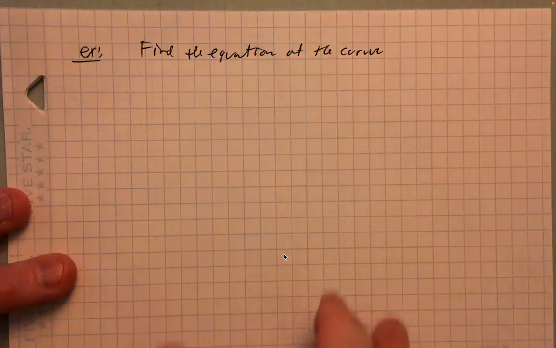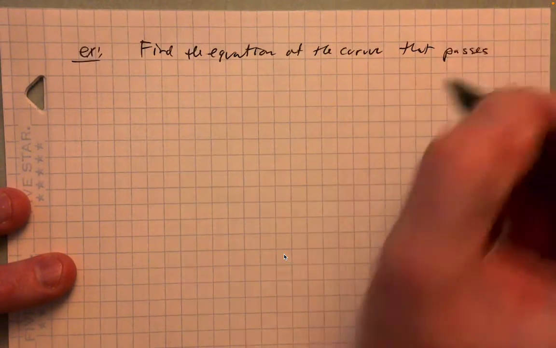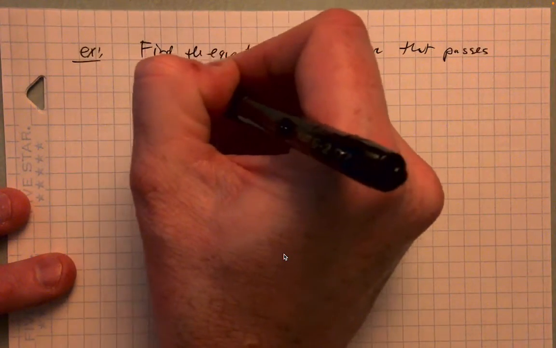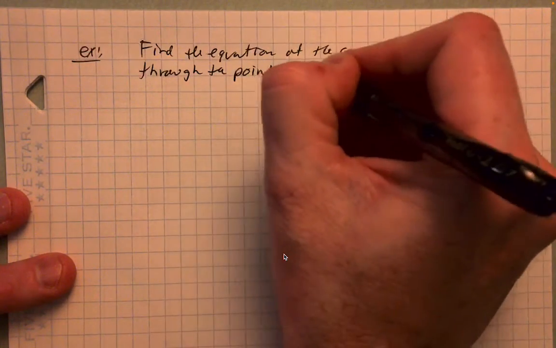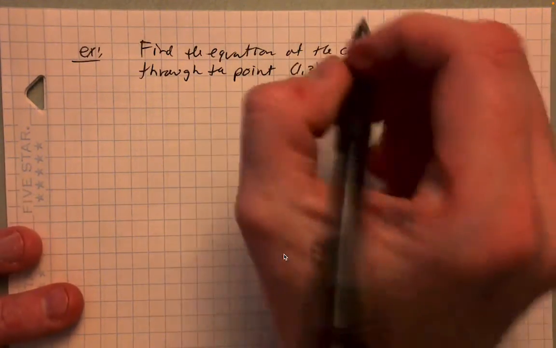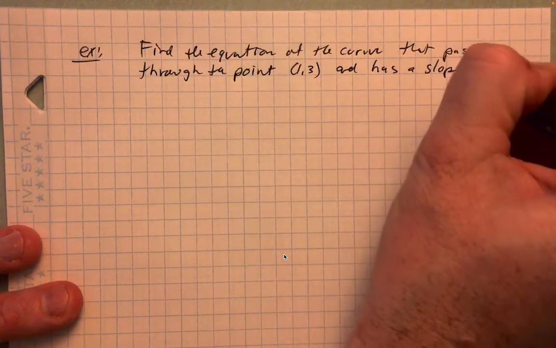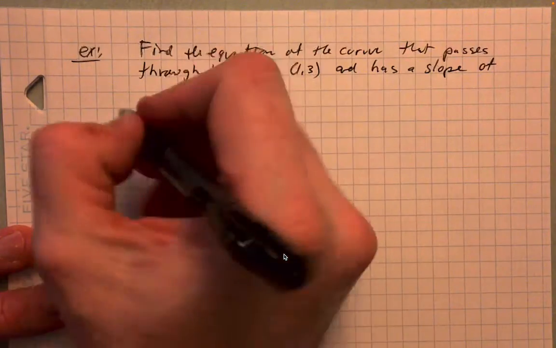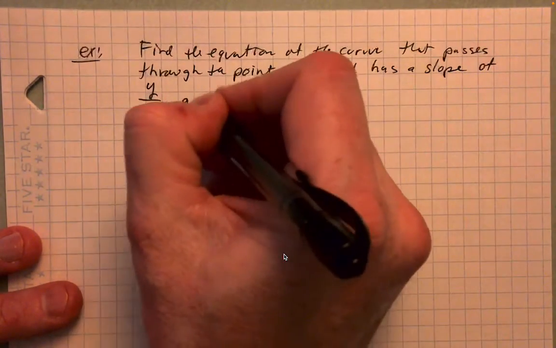Find the equation of the curve that passes through the point 1, 3, and has a slope of y over x squared at the point x, y.